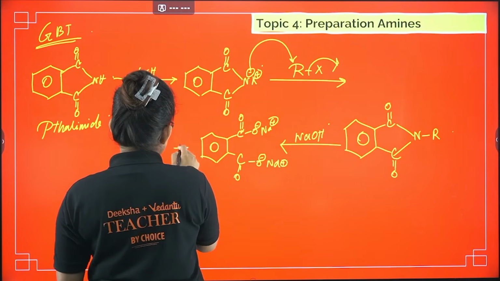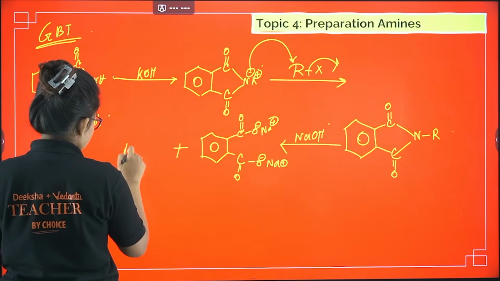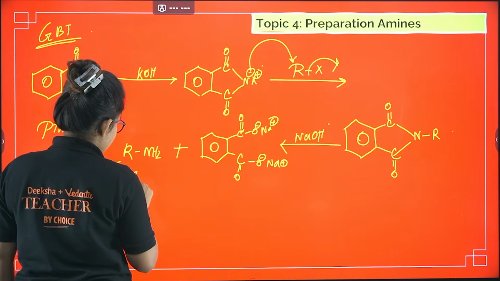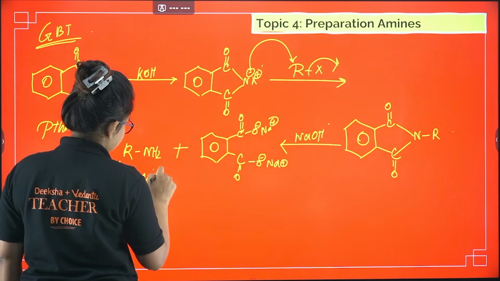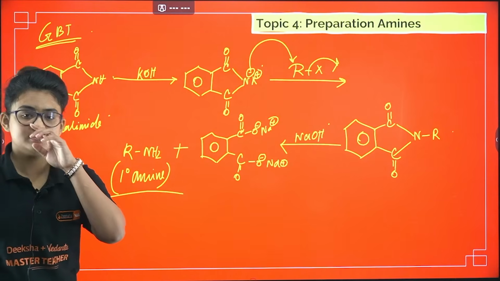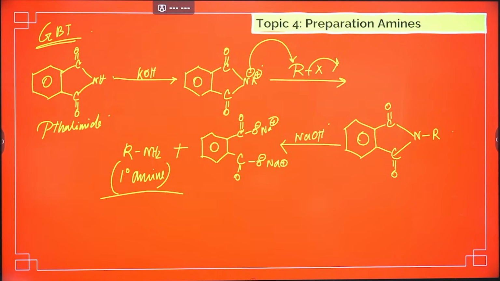Along with that you will get primary amine RNH2. Okay, that is your Gabriel phthalimide reaction mechanism. Okay, I guess it is clear to you.